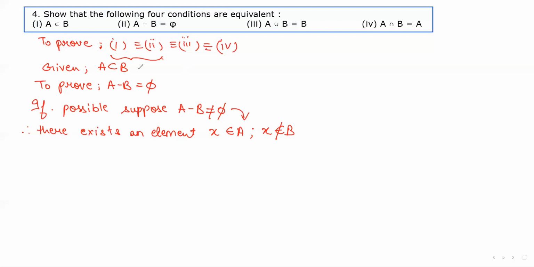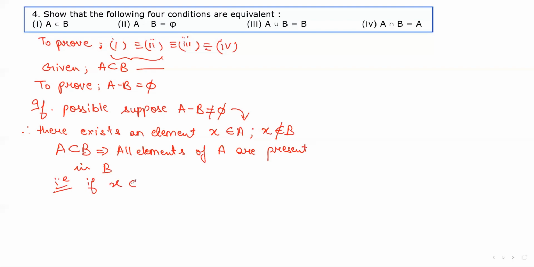But it is given that A is a subset of B. A is a subset of B states that all elements of A are present in B. That is, if X belongs to A, then X belongs to B. Now, this is your given condition.